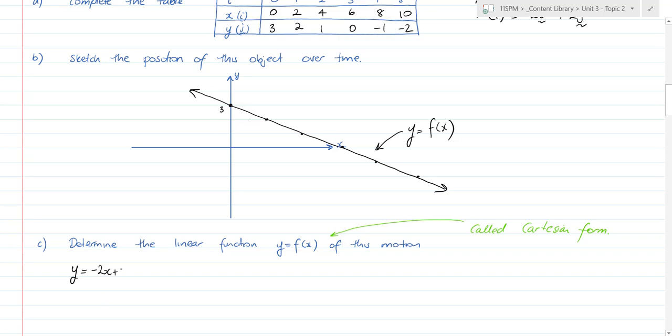Negative 2x plus 3. Negative 1 over 3. No, negative 1 over 2. Yeah. So y equals negative a half x plus 3. Everybody happy with that? It has a y-intercept of 3, and when you go along 2, you go down 1, so it's got a gradient of negative a half.